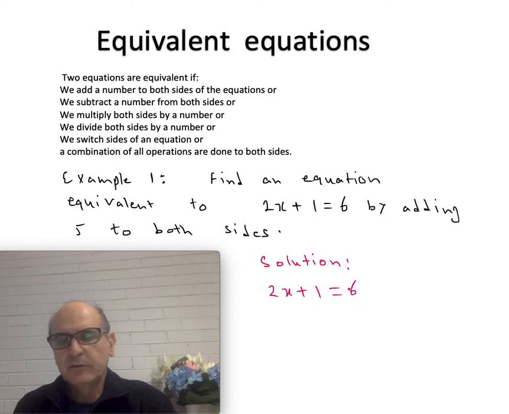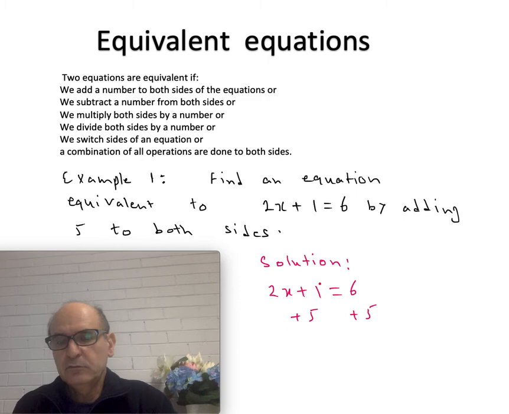And this is called the right-hand side of the equation. Now we've been asked to add 5 to both sides. So I'm adding 5 to this side and 5 to this side. Because I'm doing it to both sides, I'm going to have an equivalent equation.